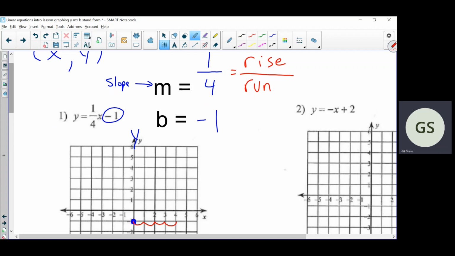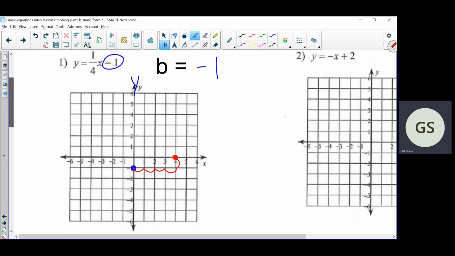And from there, I don't put a point yet, I'm not done yet. I go to step 5 and it says if your rise number is positive, you go up. Hop up 1. That's where I put my second point. Now I have enough to do the line.